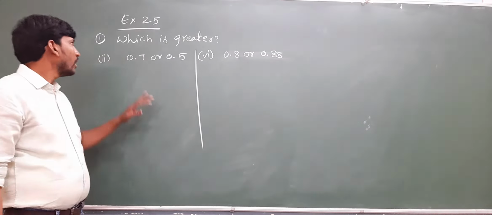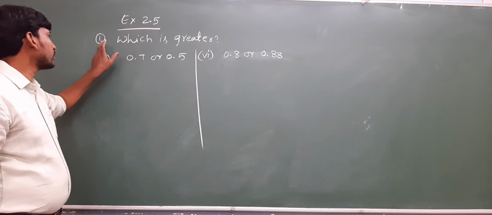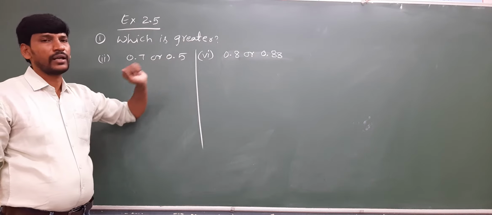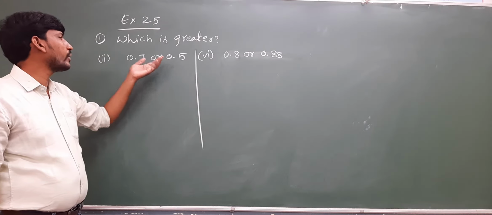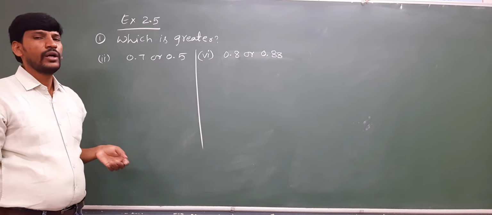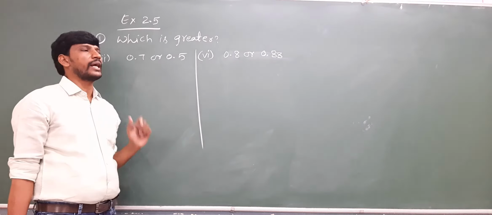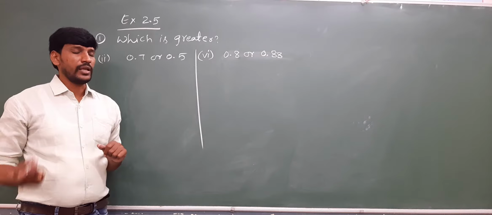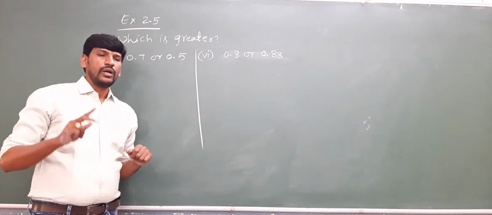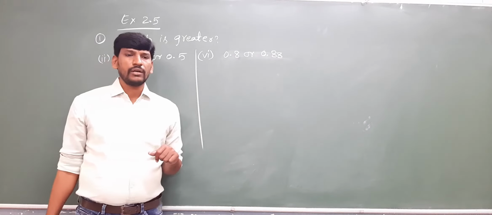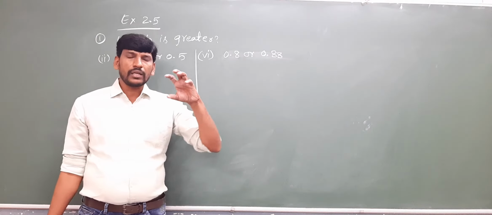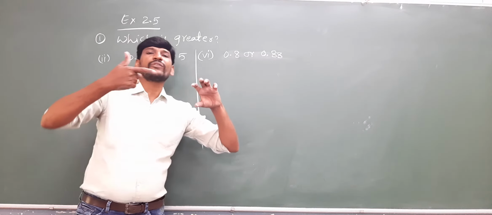See this here, in exercise 2.5, first question, which is greater among the given values, we need to compare these two fractions. Before going to compare two fractions, first of all, we need to check whether the given fractions are like fractions or not.